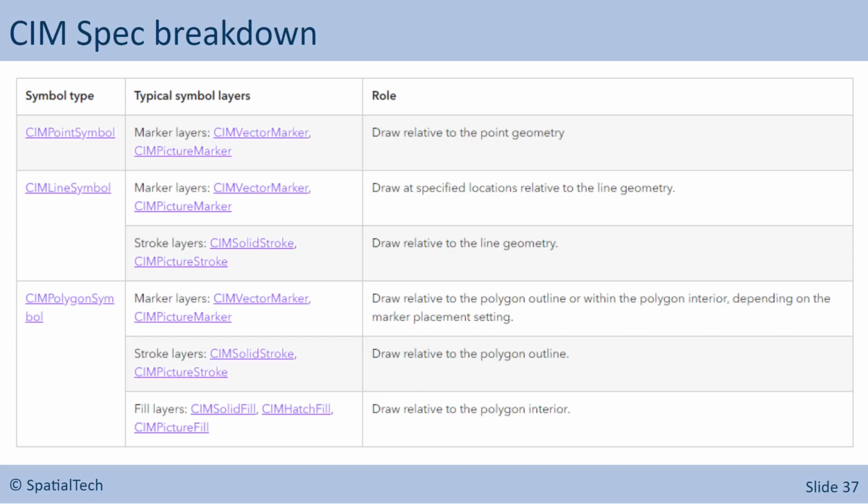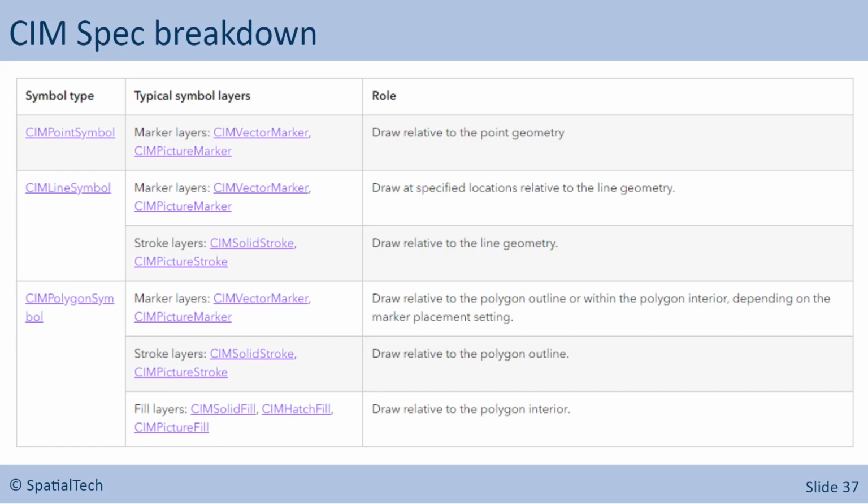Vector marker symbol, scalable vector graphics as your symbol. Picture marker symbol, and again they say picture because it relates to old school terms, but it's usually an image, like a little PNG, little graphic. Maybe it's a JPEG. Maybe it's a GIF. We have to get in there and see what actual image formats are supported, so we don't design a bunch of symbols that don't actually work in the end.